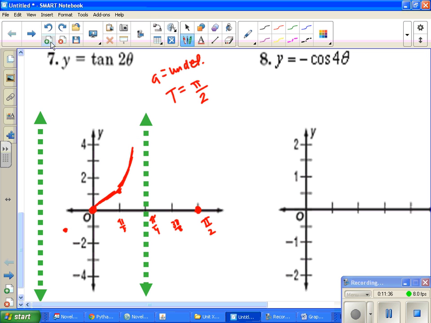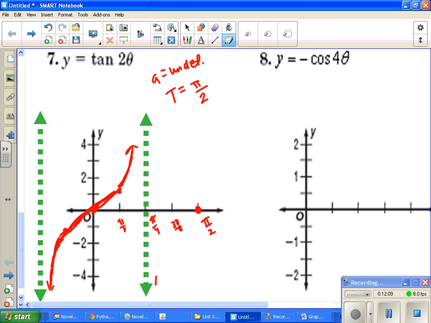The tangent graph is so hard to do. There we go. Okay. And then obviously we repeat.